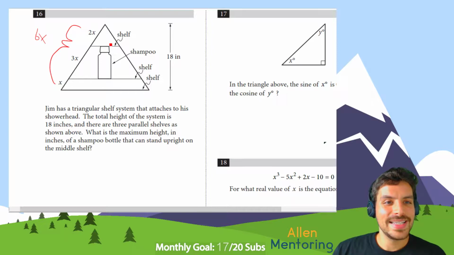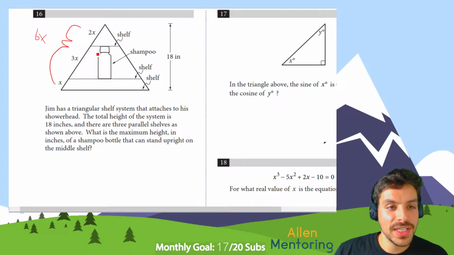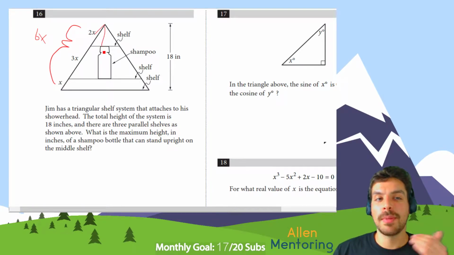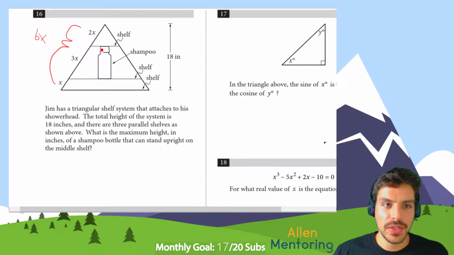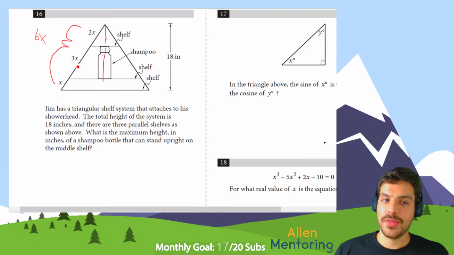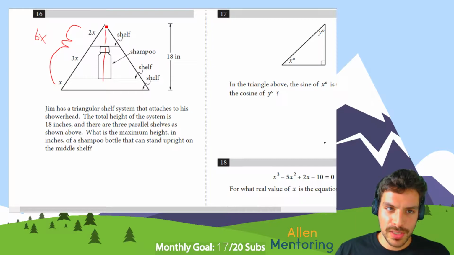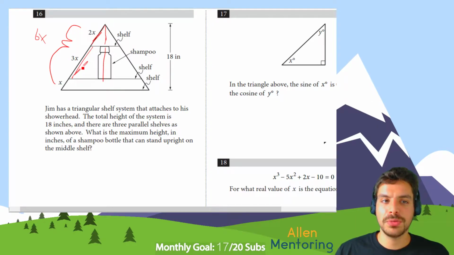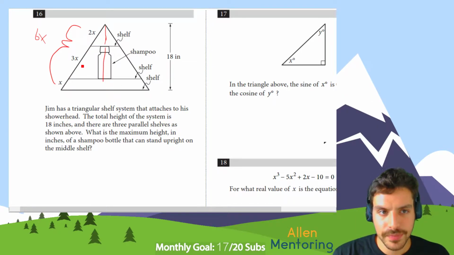Whatever the proportion is, it doesn't matter if it's for the side or for the height, the proportion will still be the same. So this to this will still be 2x to 3x, even though what they told us was this to this. The proportion will still be the same even for the height.